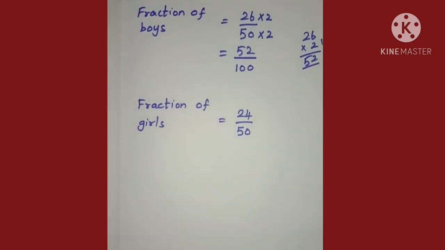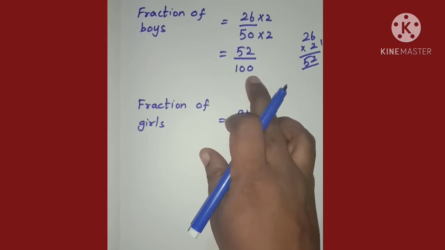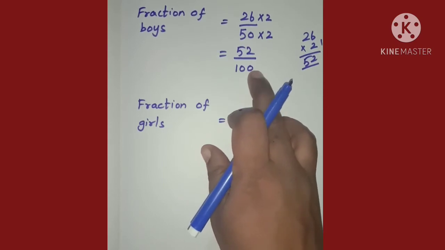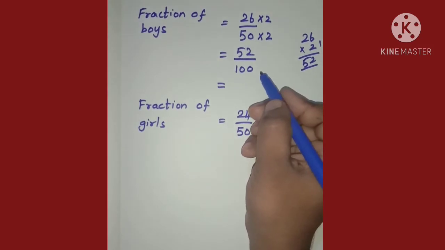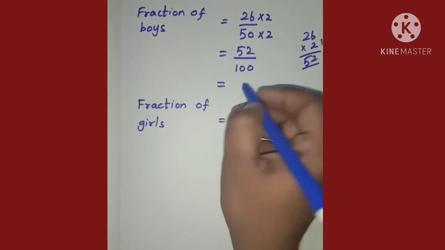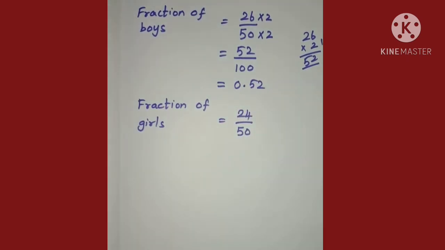So, now we change the fraction into an equivalent fraction with the denominator 100. So we can easily now change the fraction into decimal number, that is 0.52.